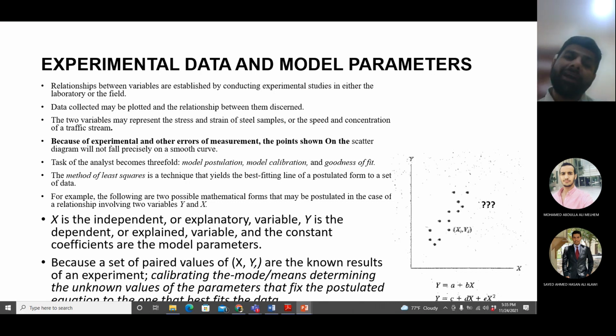If two variables were the only ones affecting each other, then you could have a straight line or a curve exactly as per the shape, and all the points you plot would be on that line. But because of the errors, which happen randomly, sometimes we don't know their source and we cannot correct all of them, so some errors will remain in the output of the experiment.